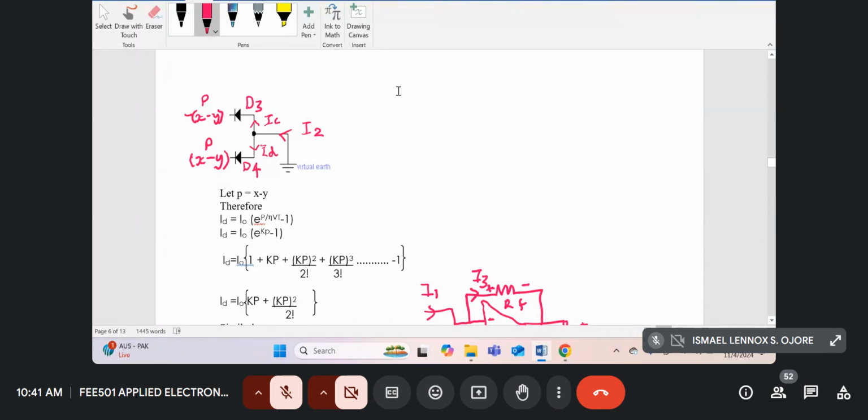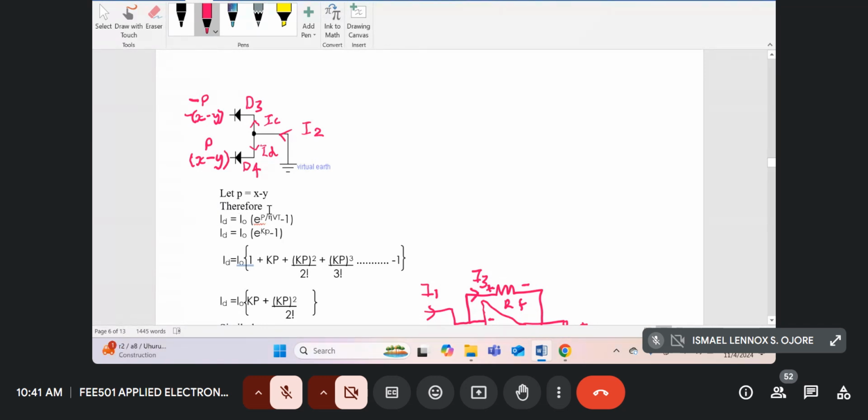So the voltage going to D3 is actually minus P. And the voltage going to the second diode, D4, is x minus y, which is P, because I've used the substitution here, I've said let P be equal to x minus y.